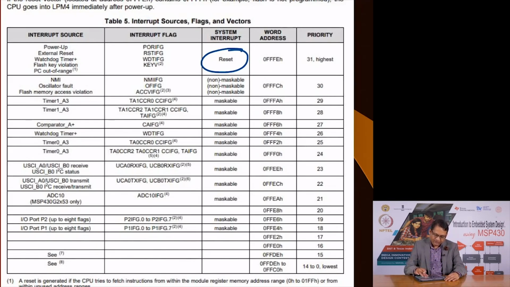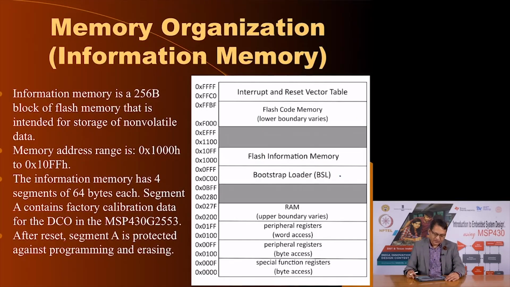Now, the information memory of the flash memory, in the case of the G2553, is 256 bytes, starting from this address to this address. These 256 bytes are split into 4 segments of 64 bytes each, as I mentioned earlier, and these are used to store various information.